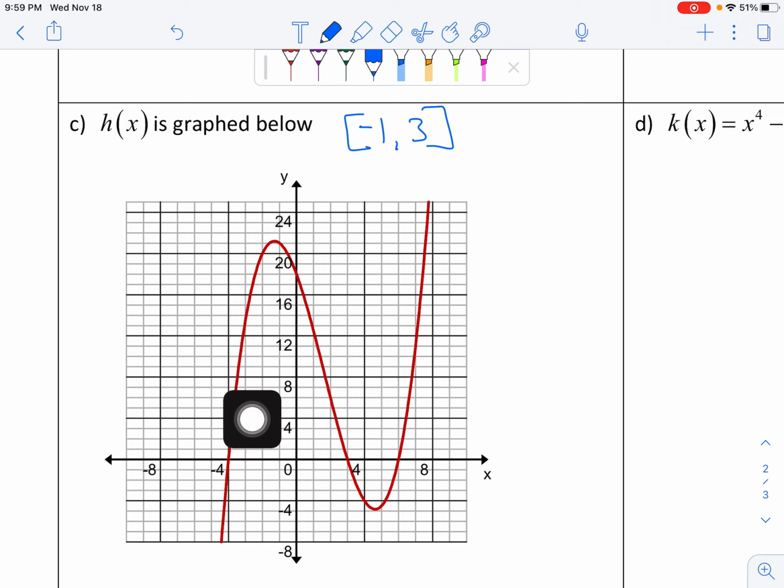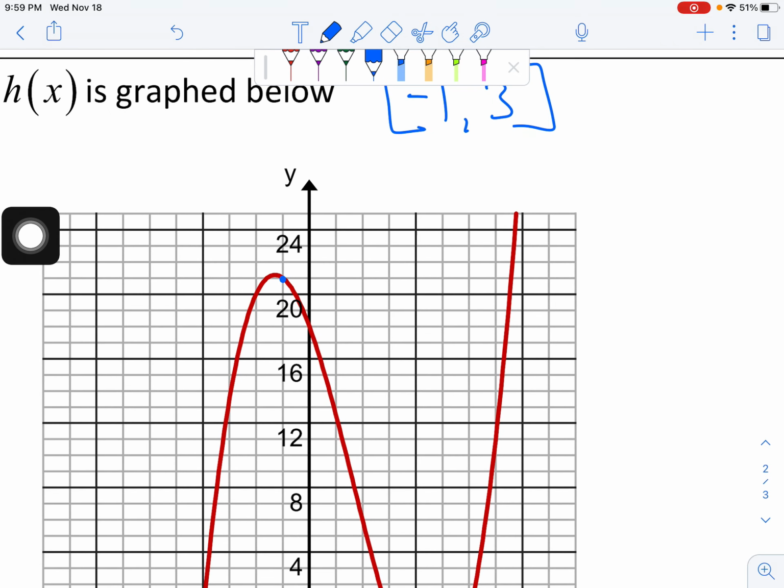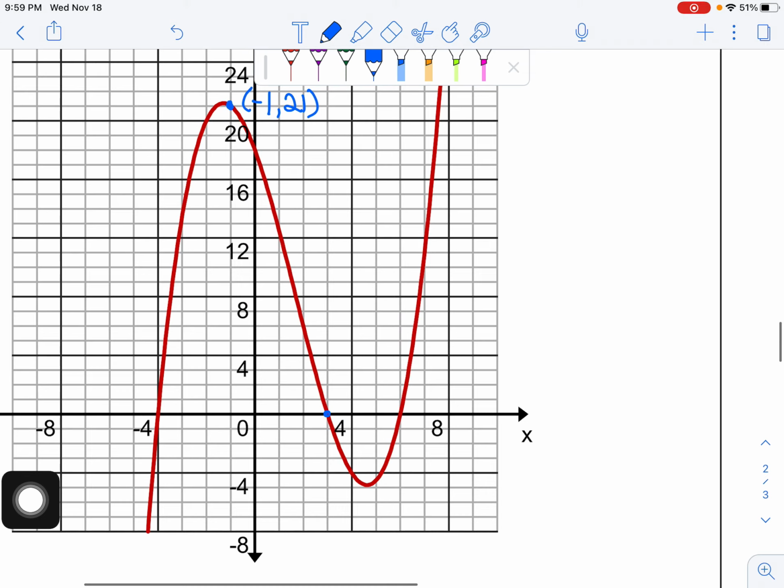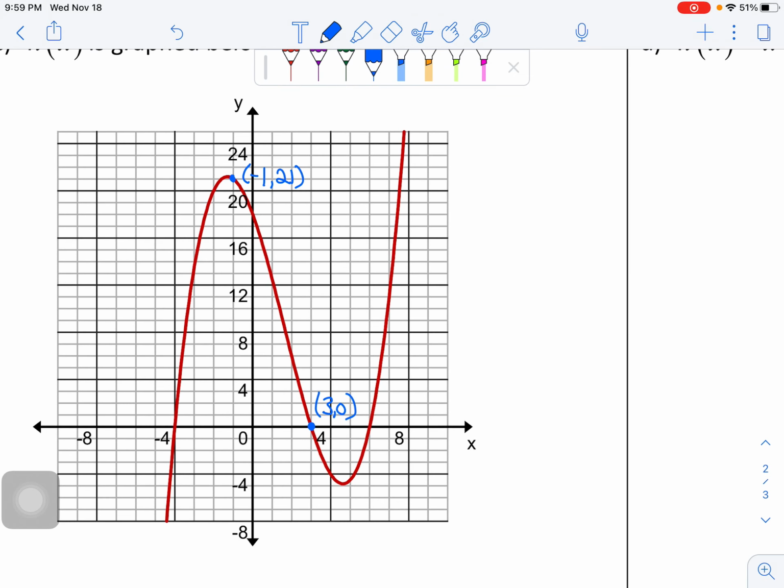Here's 0, so if I go over -1, my graph is all the way up here at, what is that, positive 21? So -1, 21. Now I want to find out what happens to my graph at 3. From the origin, 1, 2, 3. That one's a little bit easier to find because it's right there at 3, 0.